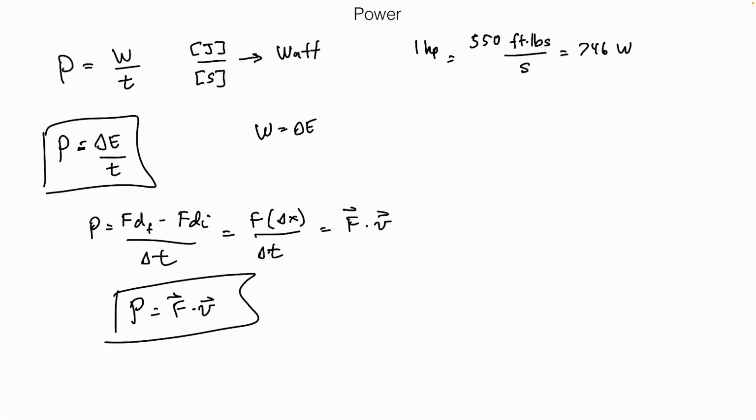Marathon runners output less than a horsepower continuously, but they do it for like 3 hours. A sprinter will go beyond a horsepower, but they'll only do it in 100 meters. So humans can do it, but just can't do it for very long. How long could a horse do a horsepower? Like all day. You give that horse water and some oats, and it's like, okay, let's go.